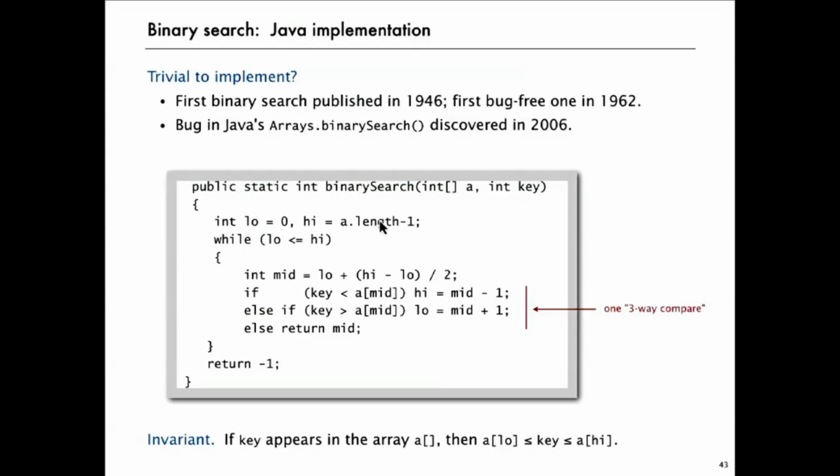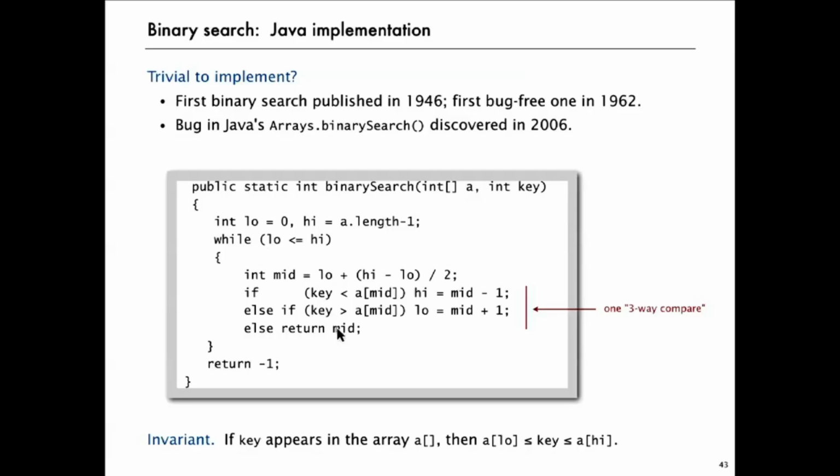If we have to find whether a key is in an array, we use 2 pointers, low and high, to indicate the part of the array that we're interested in. As long as low is less than or equal to high, we compute the middle, and then we compare our key against the middle. Actually, it's a 3-way compare. It's either less or it's greater.